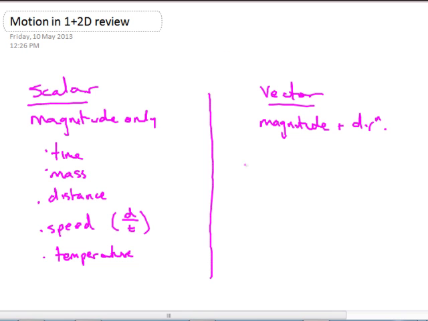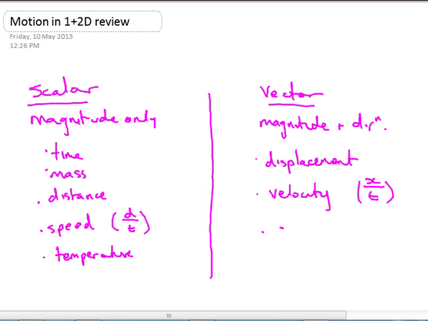versus things like, let's say, displacement, similar to distance, velocity, similar to speed. However, we're talking about displacement over time as opposed to speed.